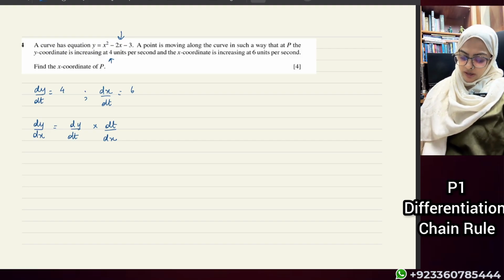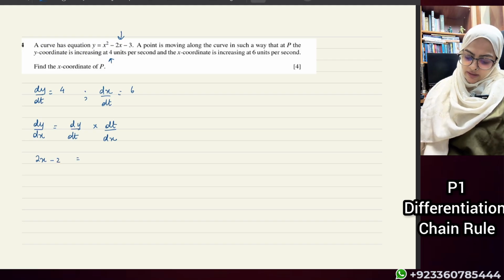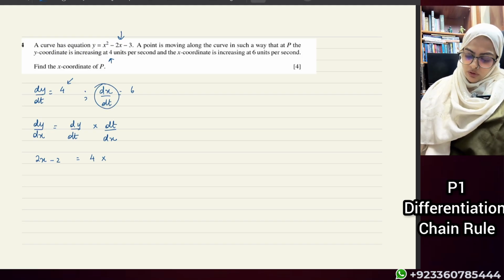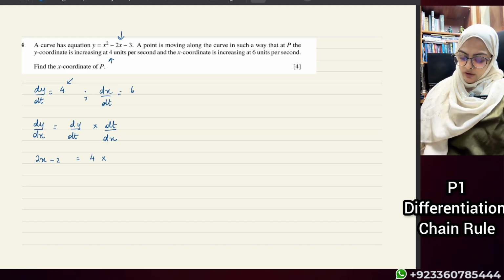So dy by dx becomes 2x minus 2 is equals to dy by dt is given, which is 4, into dt upon dx, means the inverse reciprocal of this. So we have 1 upon 6. 2x minus 2 is equals to 4 upon 6.